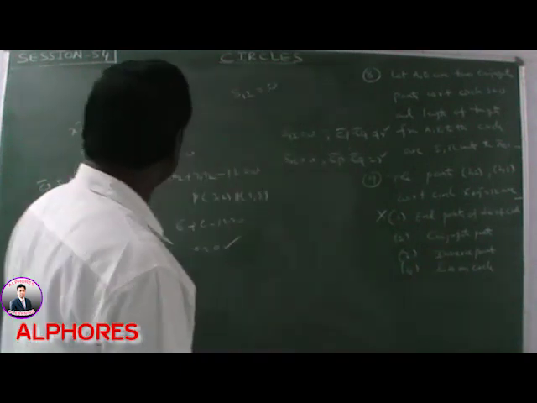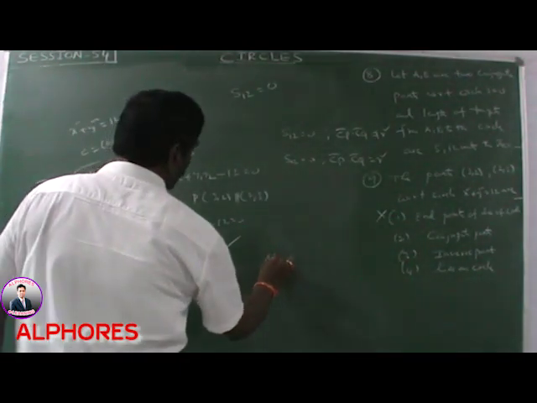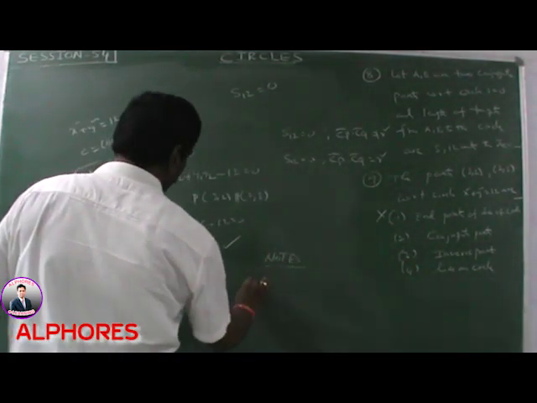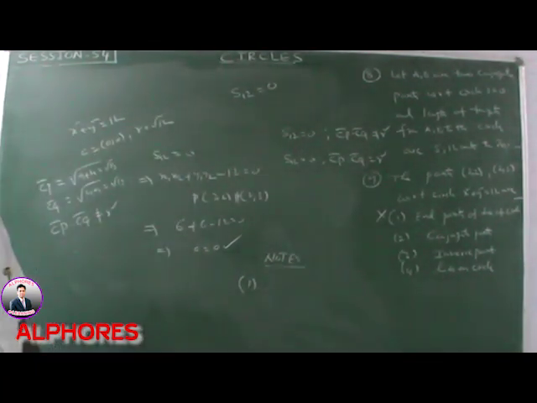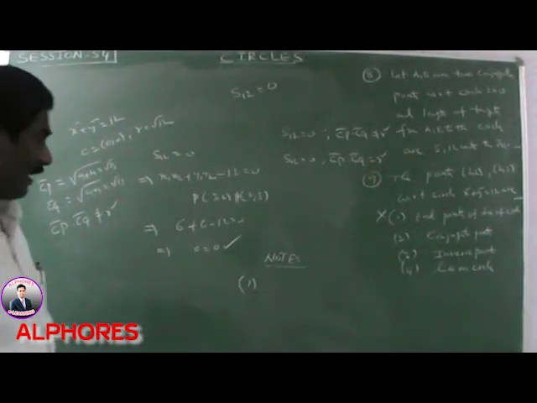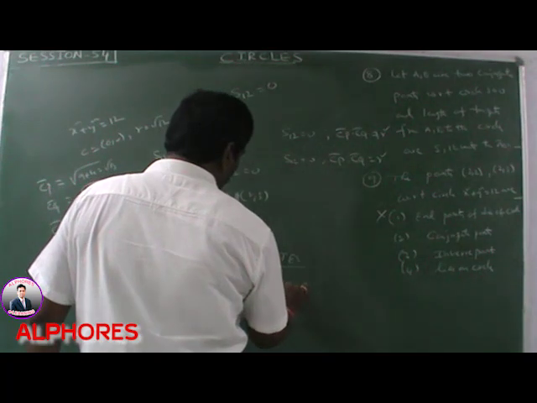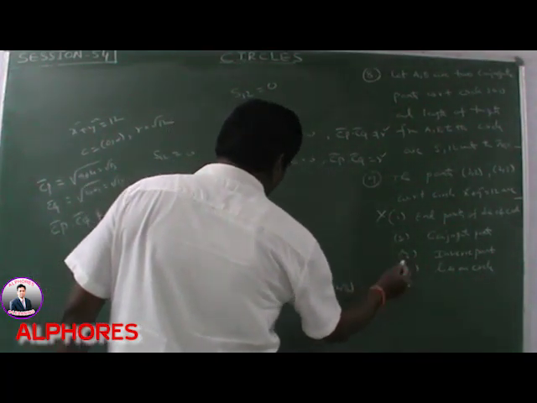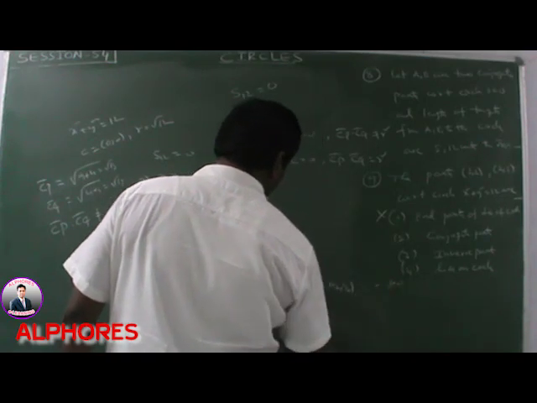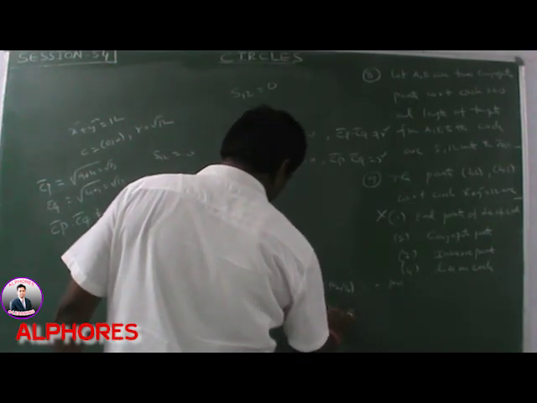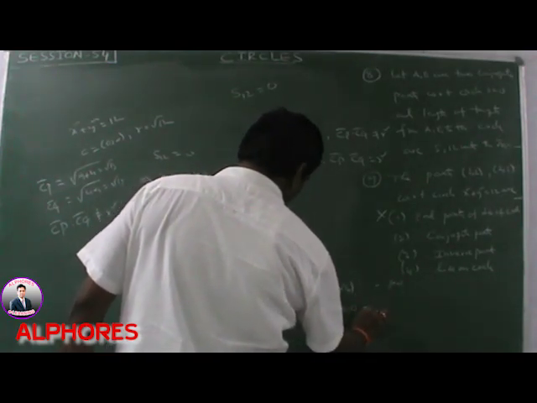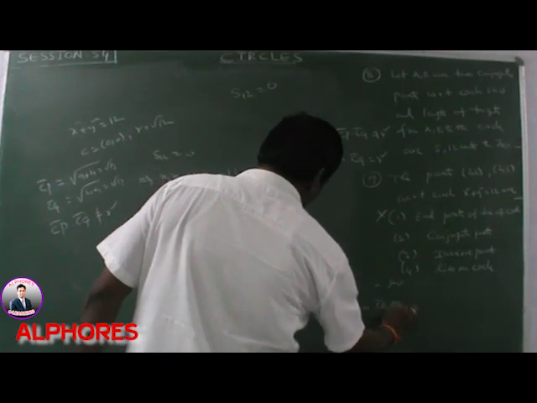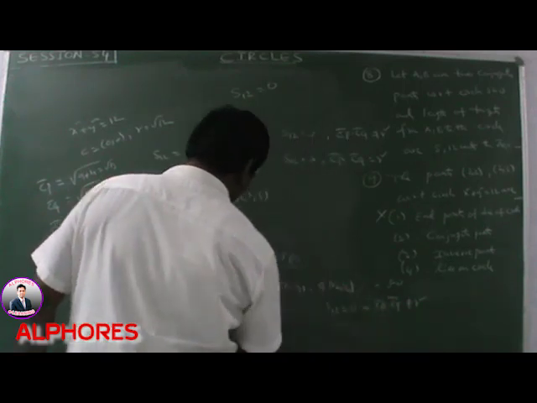Please note this point. Note: the points P(x1, y1) and Q(x2, y2) are conjugate points with respect to the circle S equal to 0 when S12 is equal to 0 and CP into CQ is not equal to R square.